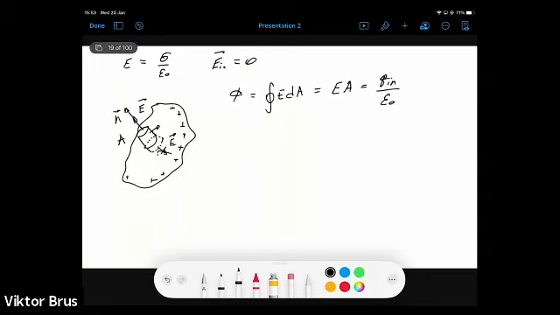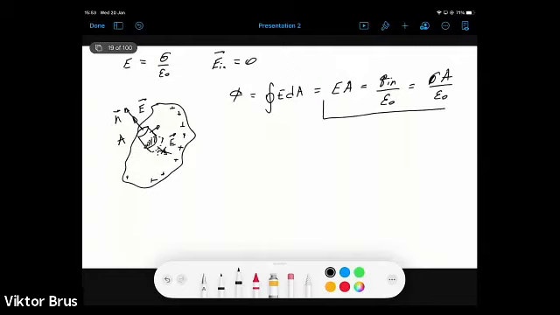And this Q internal is defined by the area of the edge side of the cylinder times sigma, the surface density of electric charge distributed on the conductor, which stays under electrostatic equilibrium conditions. Sigma times A divided by epsilon 0.